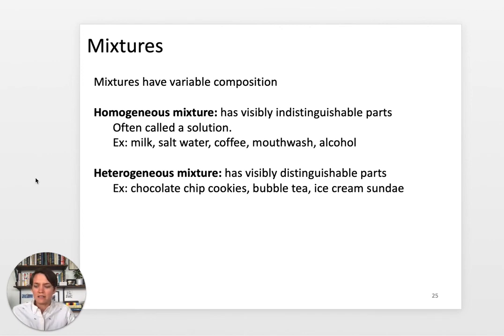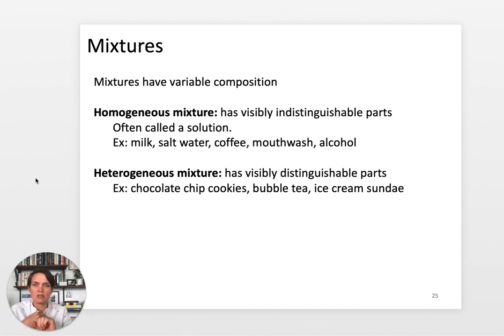So matter is going to fall into two different categories. You have pure substances, which would be like if you had completely pure water, where it was just water molecules, nothing else, no ions, no sediments, that would be a pure substance. And then everything else is a mixture. So mixtures can be homogeneous or they can be heterogeneous.